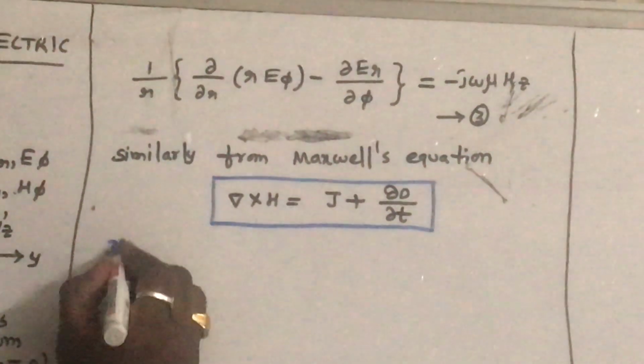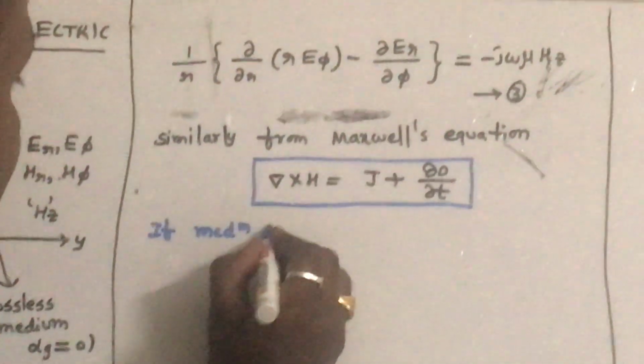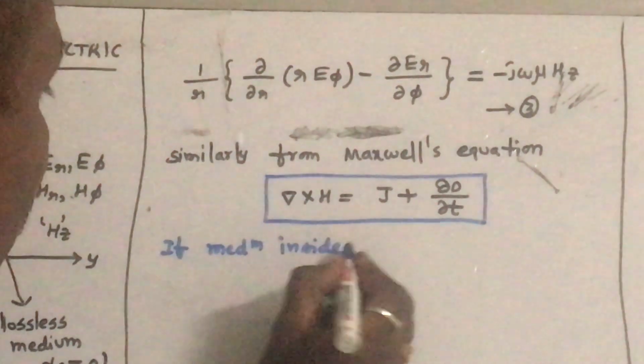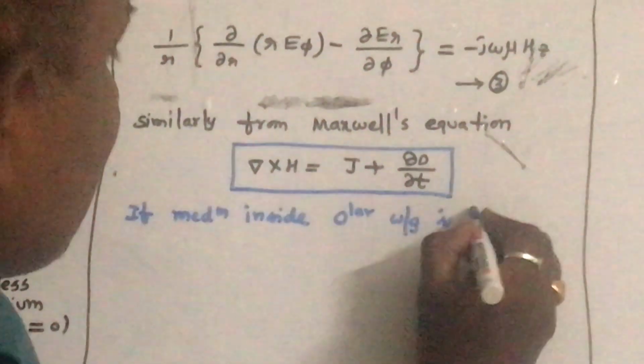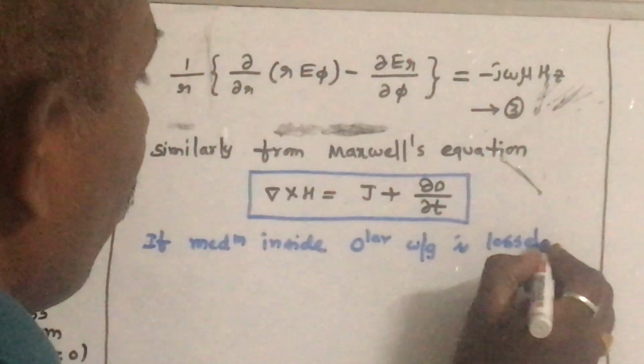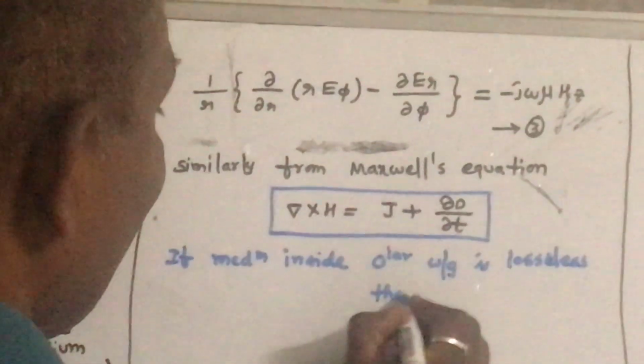If the medium inside the circular waveguide is lossless, then what can we take?